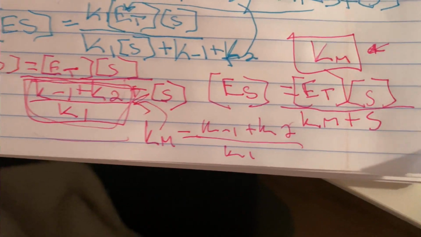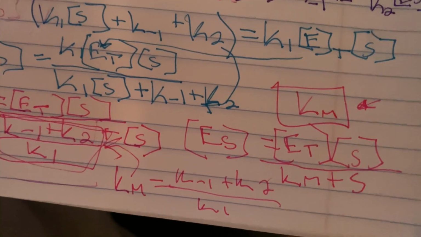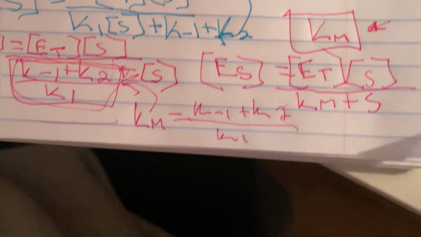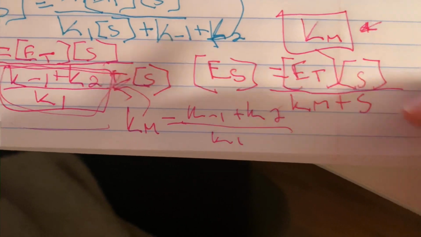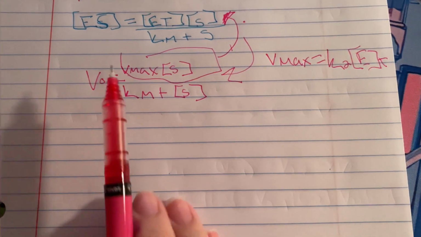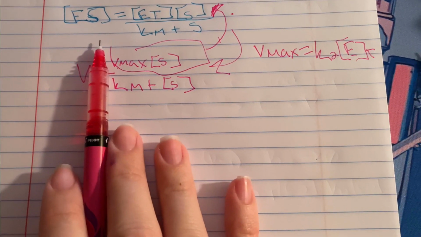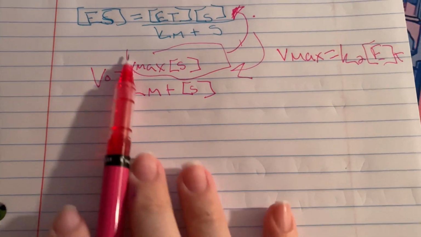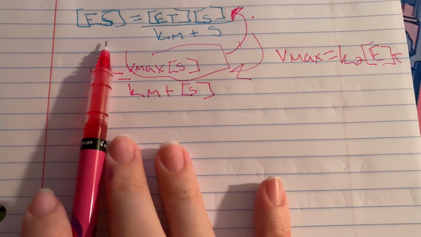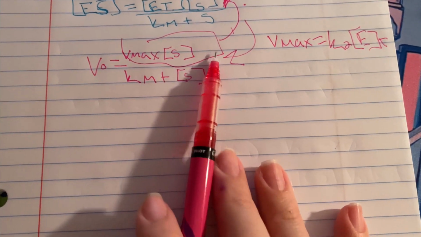So that's where the Michaelis constant comes in. Now we're going to substitute the value of ES. We're going to substitute the enzyme substrate complex into the rate equation.